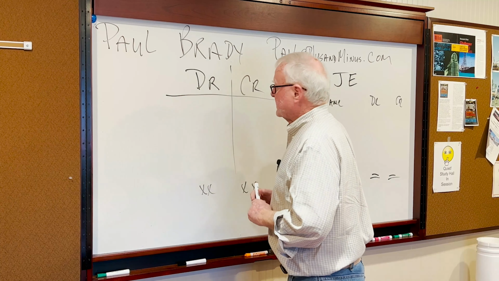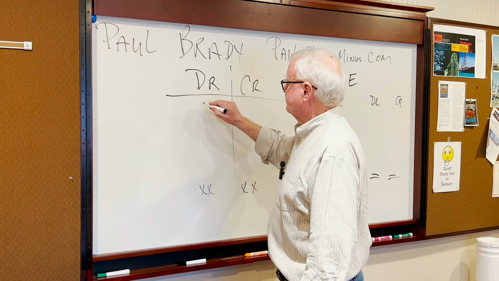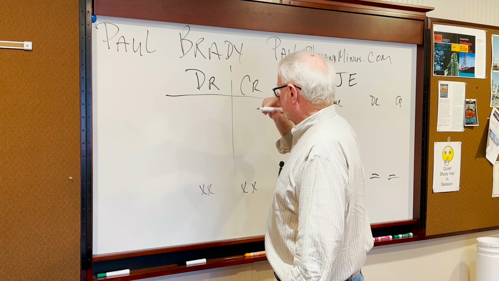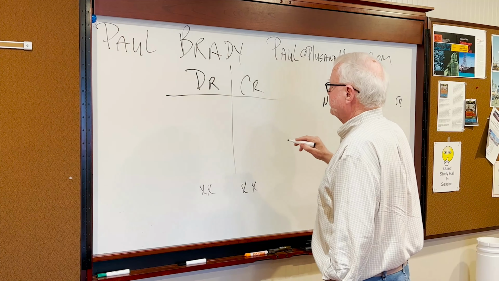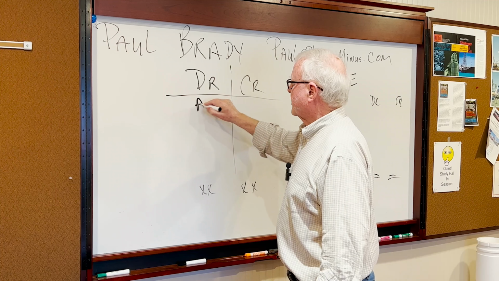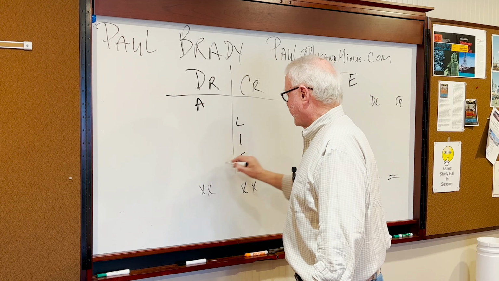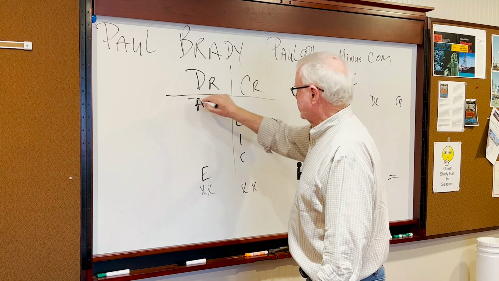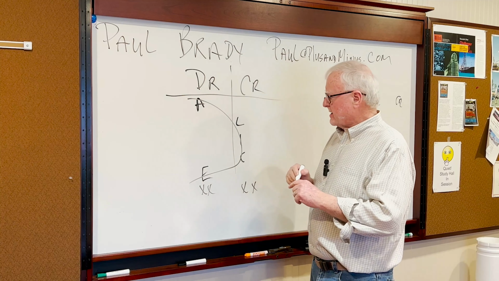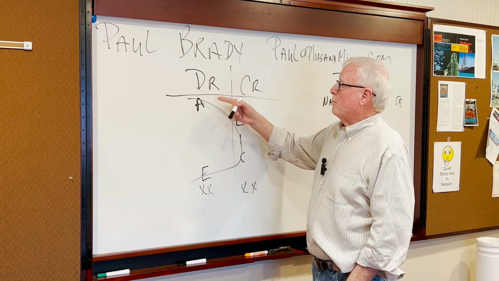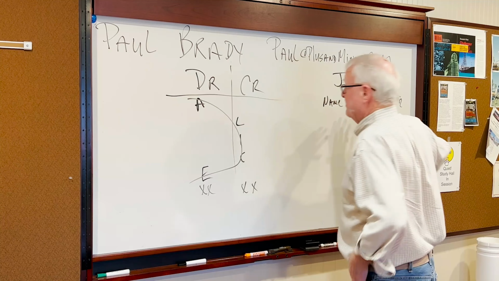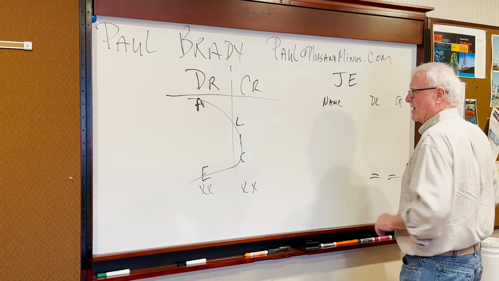All right, so let's go back to our journal entries, and remember pregnant Alice from what I discussed in the past. We make a bunch of entries over here. We name the names, put in the debit and the credit.